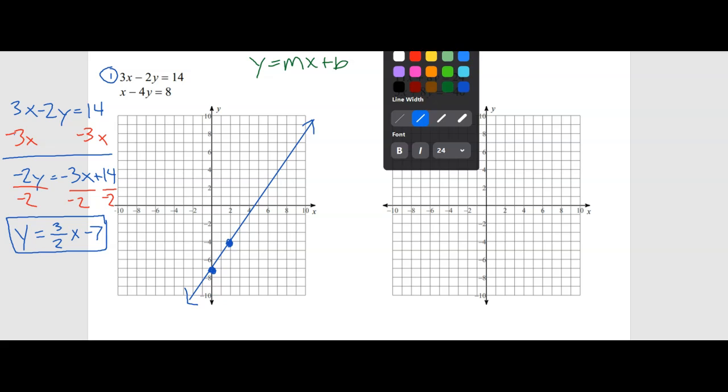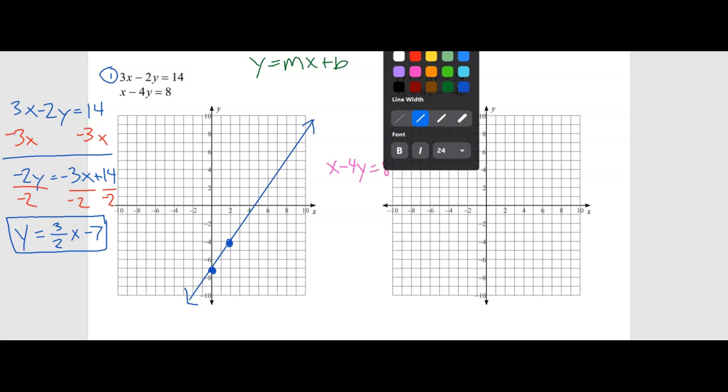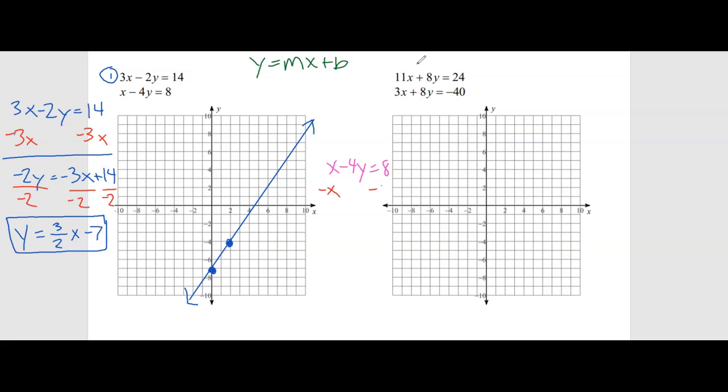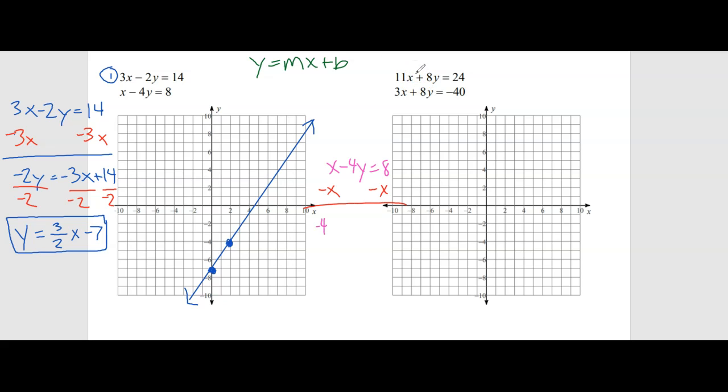We'll do that one in pink again. So I have x minus, oh, it's orange, not pink. So I have x minus 4y is equal to 8. Let me subtract the x from both sides. So that gives me negative 4y is equal to negative x plus 8.